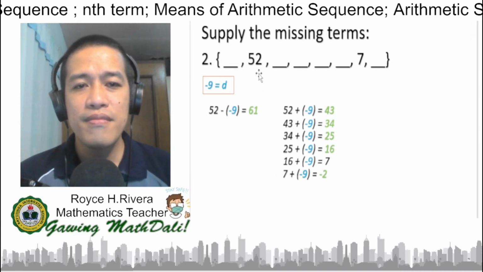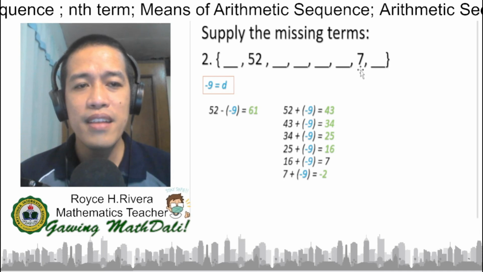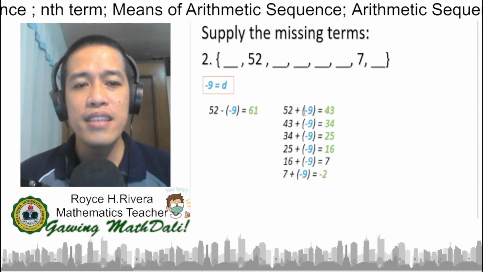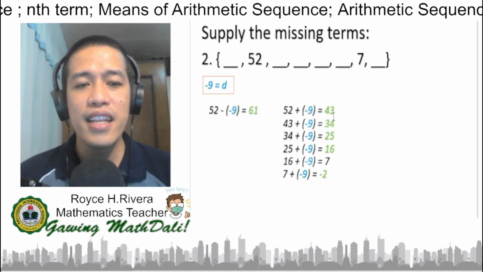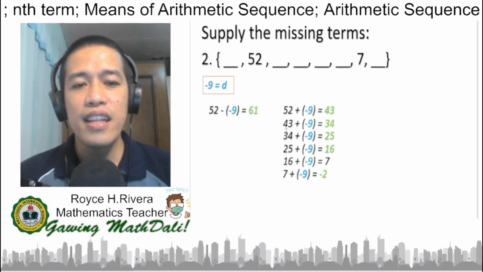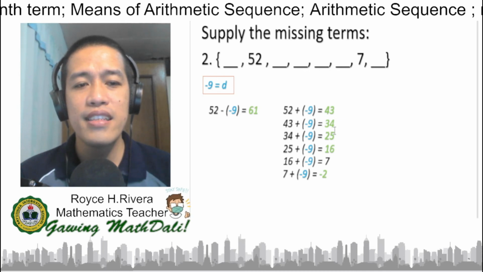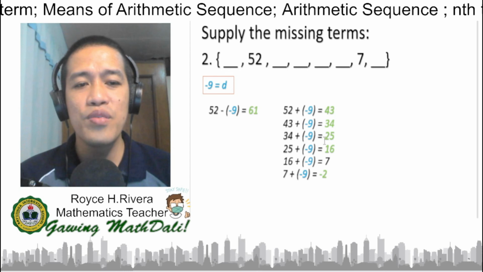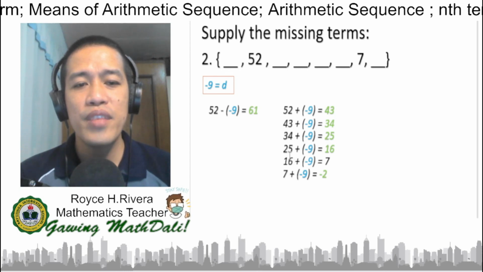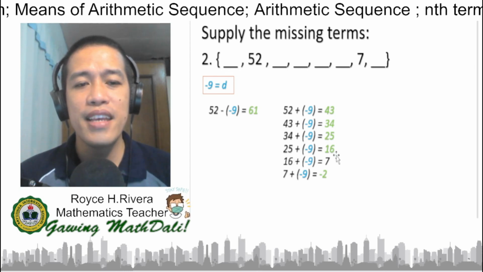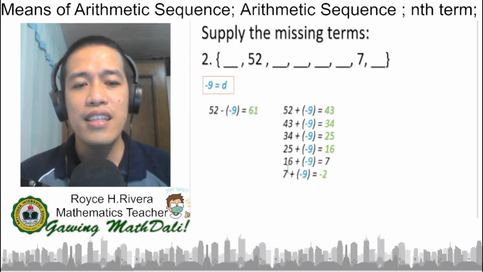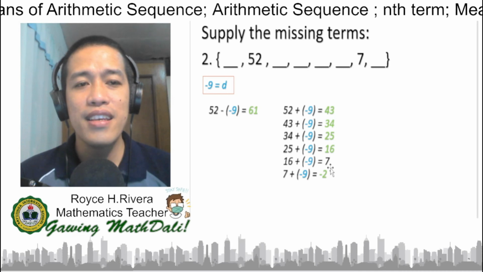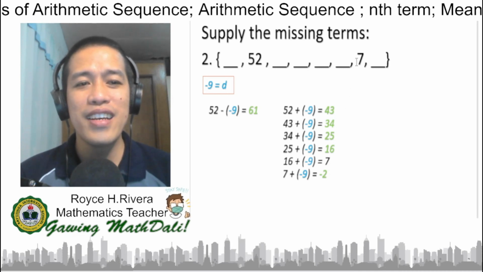So from 52 until we reach 7. 52 plus negative 9 is 43. 43 plus negative 9 is 34. 34 plus negative 9 is 25. 25 plus negative 9 is 16. And 16 plus negative 9 is 7. Eksakto na tayo hanggang 7.